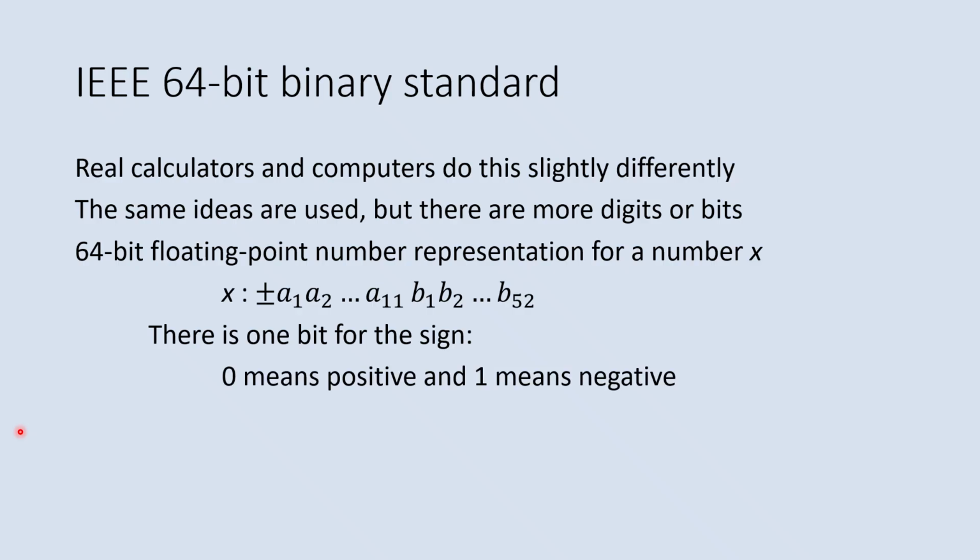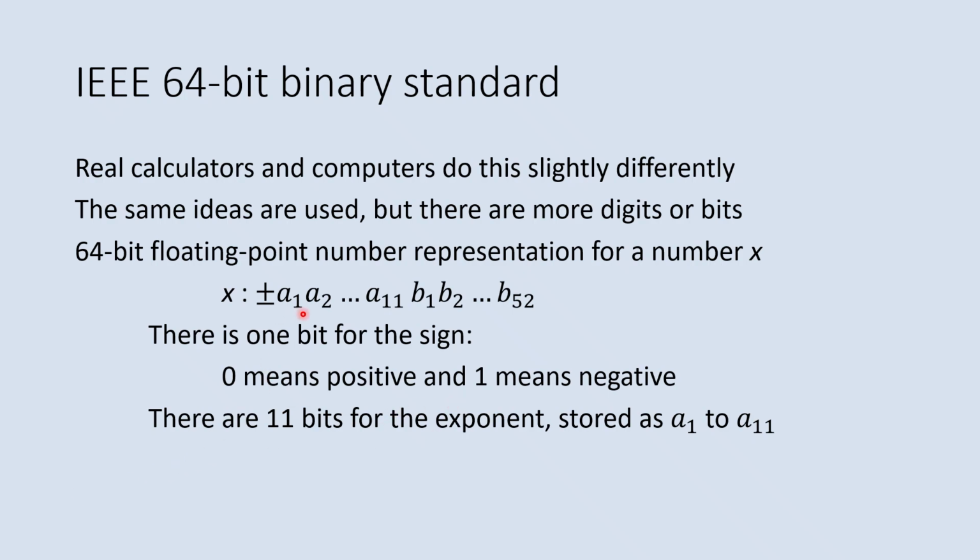So we have a bit for the sign, and for the sign we're saying, is there a negative sign there, yes or no? If we put a 0 at the beginning of our value, that means positive. There is no negative sign. And if we put a 1 at the beginning, that means the value is negative. Here we wrote the plus or minus as a symbol, but it's really another bit, 0 or 1.